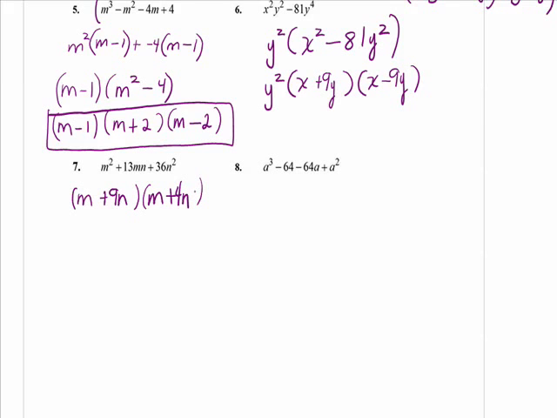All right, and last one for notes today. How many terms are there? There's 4. Must be grouping, but it's out of order, so let's put it in order.